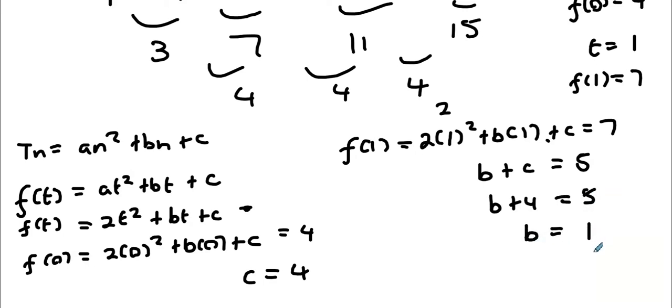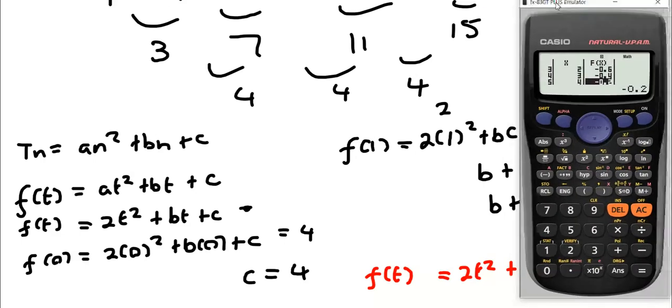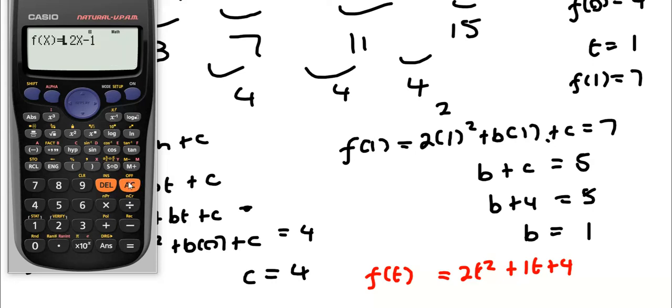We all good? Now, I should test my equation to make sure it works. So I'm going to write down the full equation here. It's going to be 2t squared plus 1t plus 4. I'm going to take out my calculator. I'm going to put in the table function using x's, because that's the only thing I have to work with. And I'm going to start at 0, correct?